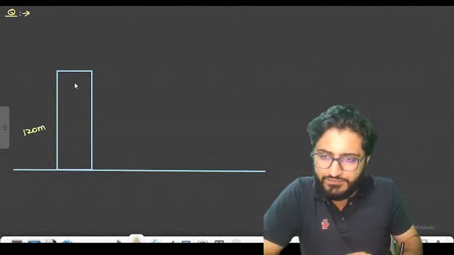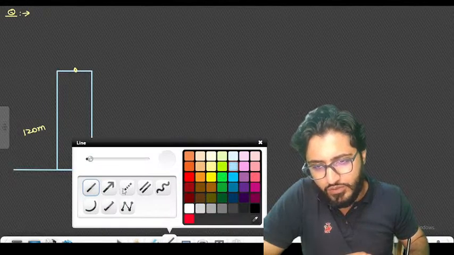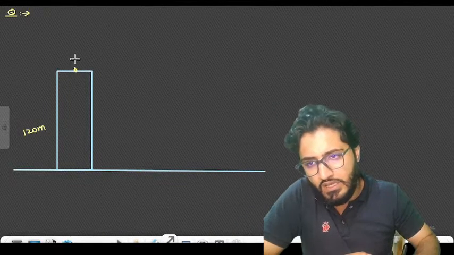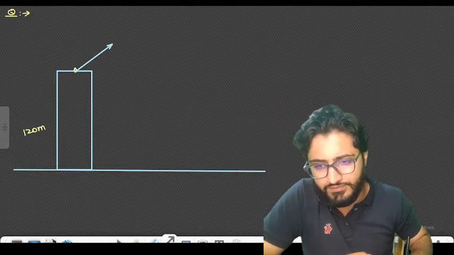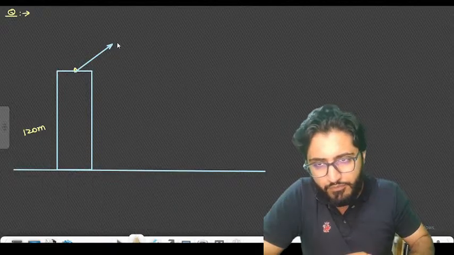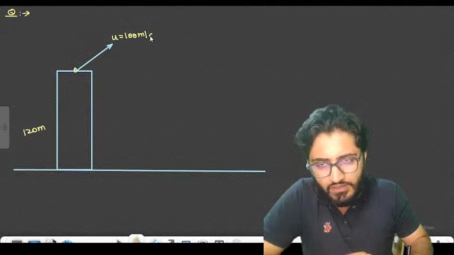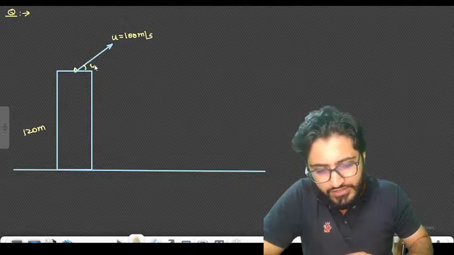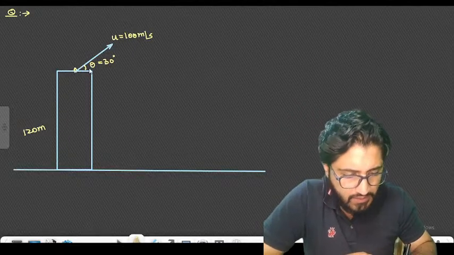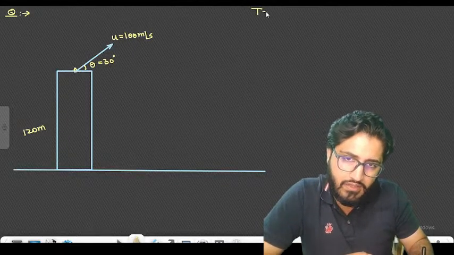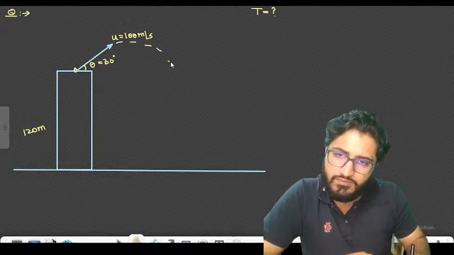Now from this particular point, we projected something into the air. And the speed of projection is 100 meters per second. And angle of projection is 30 degree. Find the time period in which your projection will reach the ground.